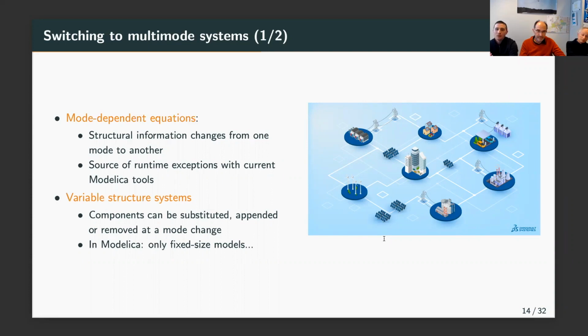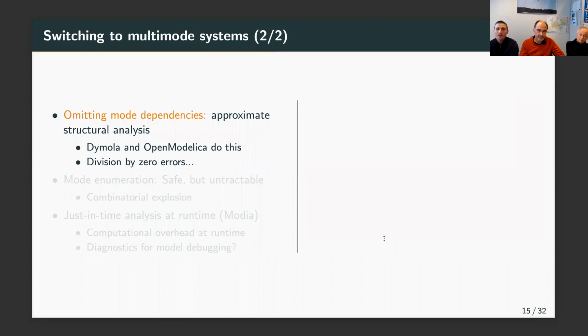And so we wanted to be able to design a structural analysis method that would be able to handle these multimode systems efficiently. There are some possibilities that were wiped out pretty quickly for our work, at least. The first one would be just omitting the mode dependencies.